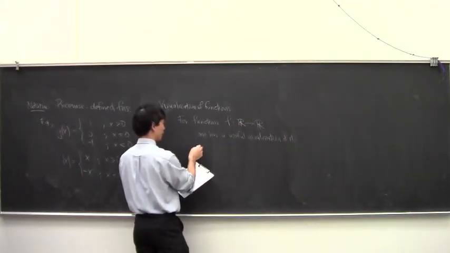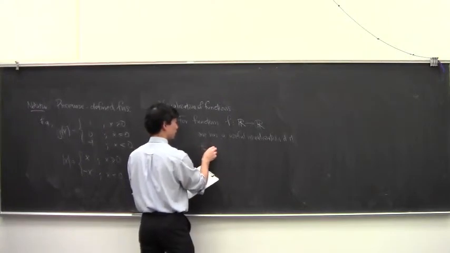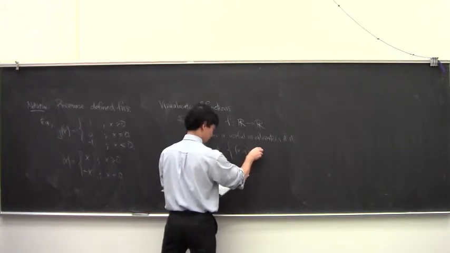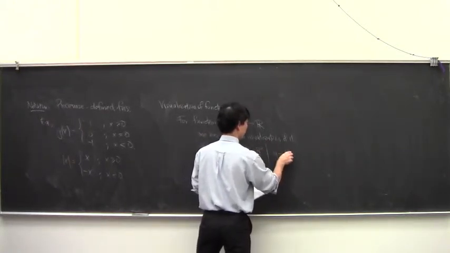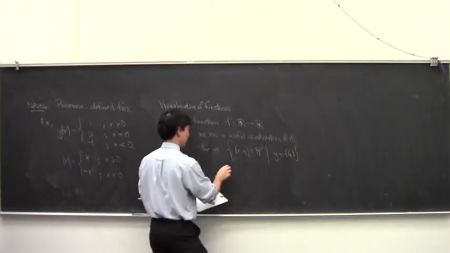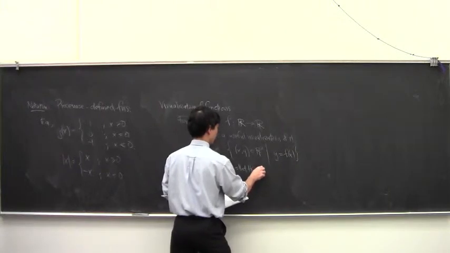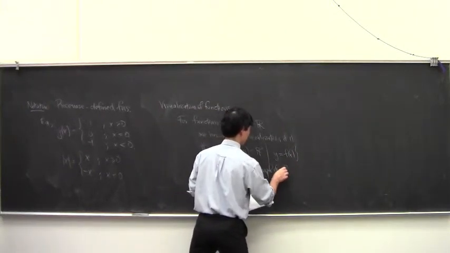We call the graph the set of xy in the plane such that y equals f of x is called the graph of f.